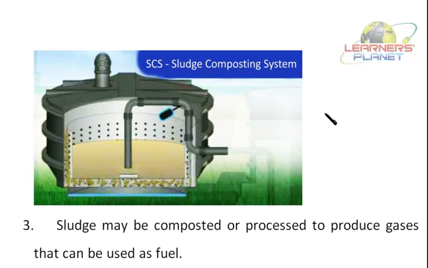So here solid composting is done, where the sludge may be composted or processed to produce gases that can be used as a fuel. So in this way, these methods of sludge disposal take place.